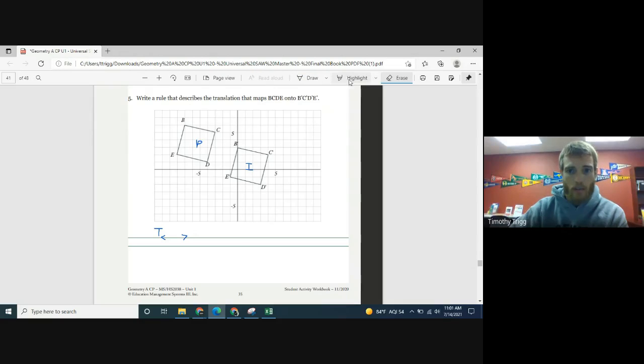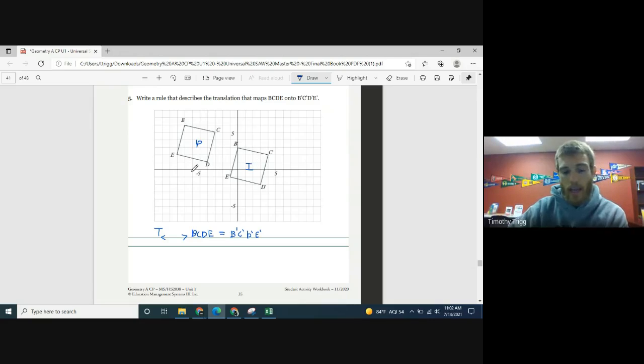So we're going to translate B, C, D, E, and we want to end up getting B prime, C prime, D prime, E prime. So how do we translate this square to end up where this square is?